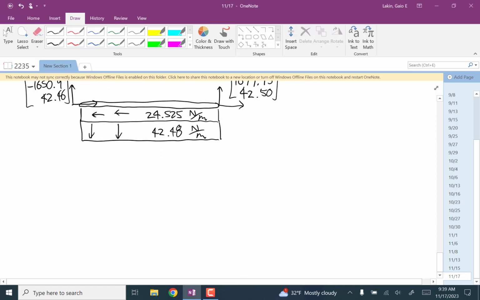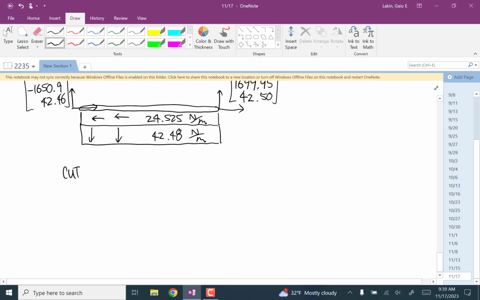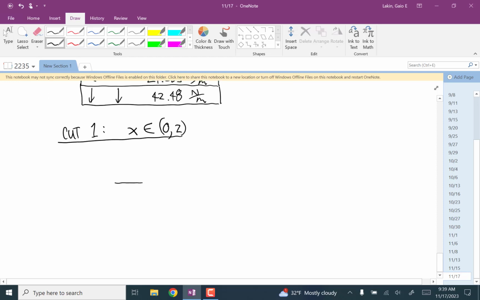And again, it's just one cut, so for all x values 0 to 2. You have the force at the end point of negative 1650.90, positive 42.46.